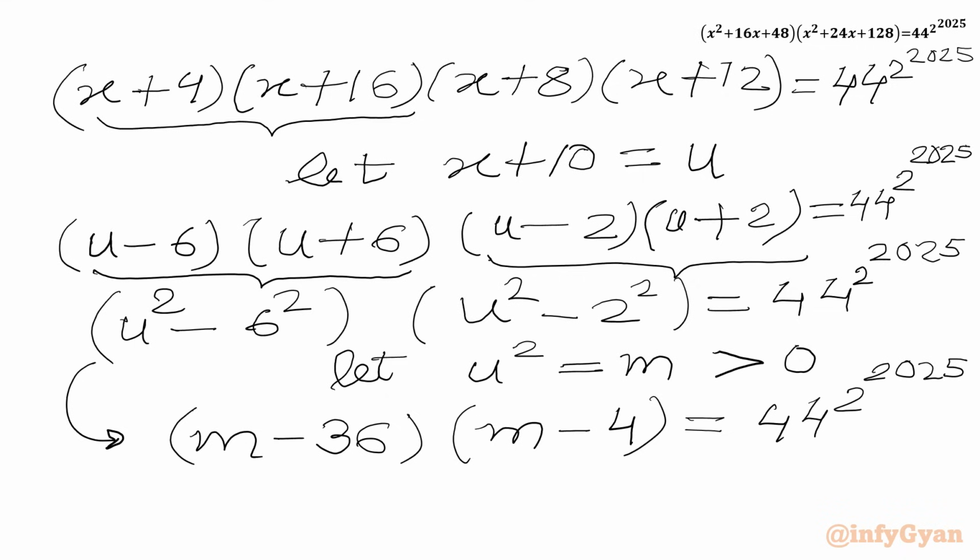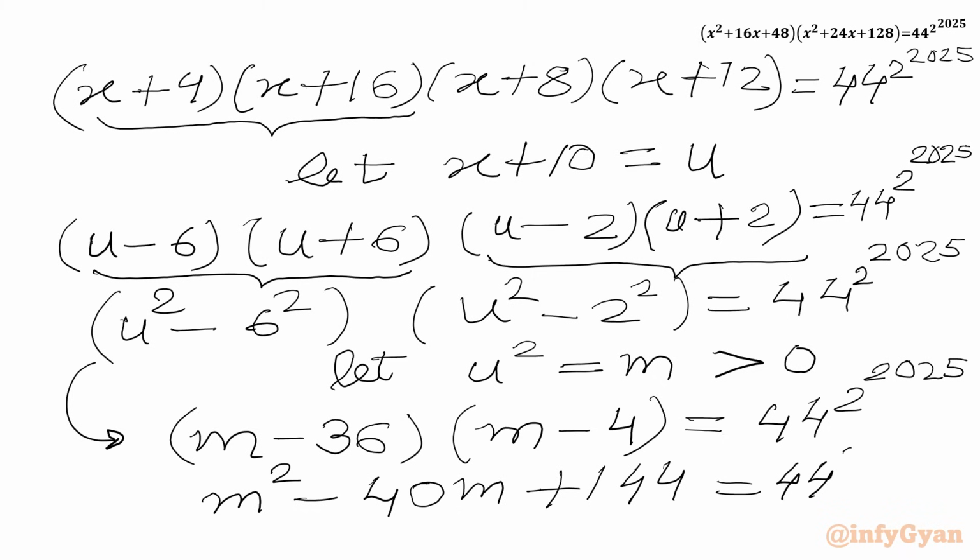Now we will multiply both the brackets and we will get m square minus 40m plus 144 equal to 44 raised to the power 2 raised to the power 2025. Now we are going to subtract 144 from both sides.